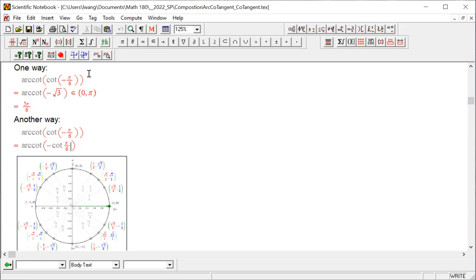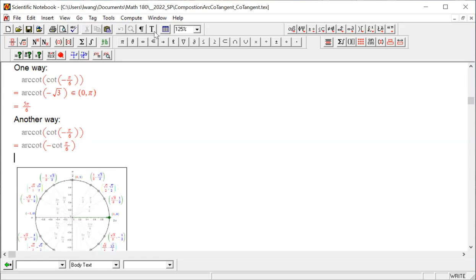We can go that way. It will still give you the ratio -√3, and everything else pretty much the same.